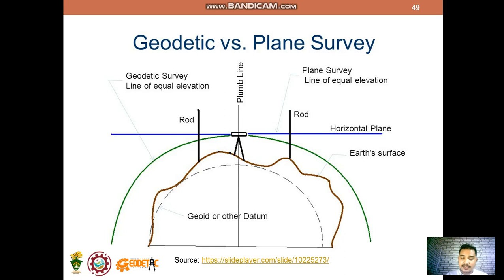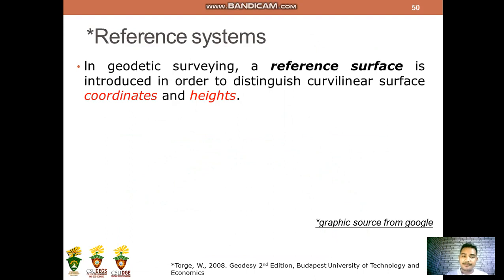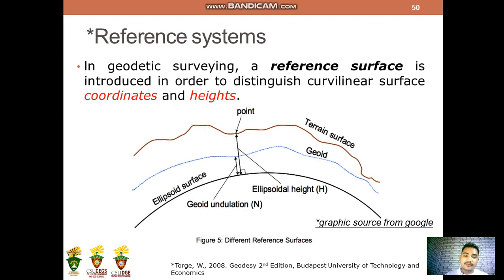Here comes the reference system knowledge that we discussed earlier. It's because in geodetic surveying, a reference surface is introduced in order to distinguish curvilinear surface coordinates and heights. So from that part, balik ta sa figure, naa tay terrain surface, ang atong gitindugan.